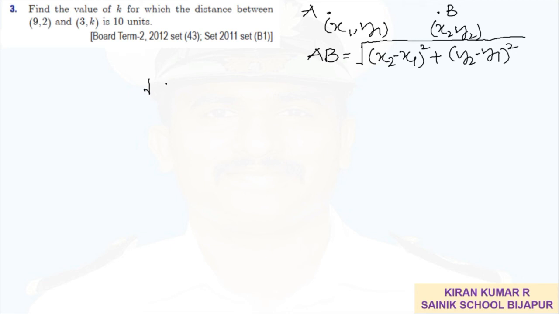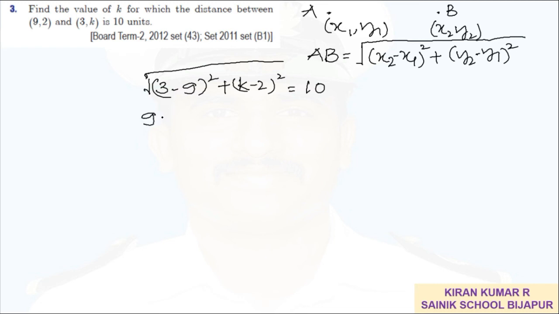is found by root of (3 minus 9) whole square plus (k minus 2) whole square equal to 10. If you square on both sides, the root will get cancelled. Let me expand this.